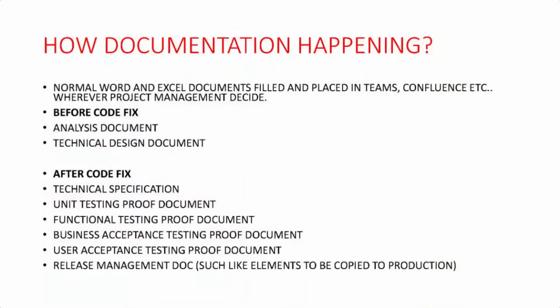How does documentation happen? Normal Word and Excel documents are filled and placed in Teams, Confluence, etc., according to your project standard. Before a code fix, we do a requirement gathering document, an analysis document, and a technical design document: what are we going to change and how to do it. After the code fix, we provide technical specifications, unit testing, functional testing, business acceptance testing, and user acceptance testing proof documents, either in MS Word or Excel.